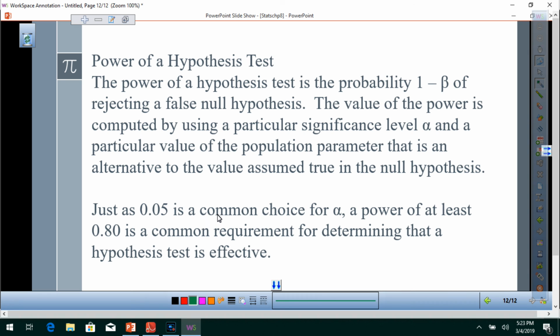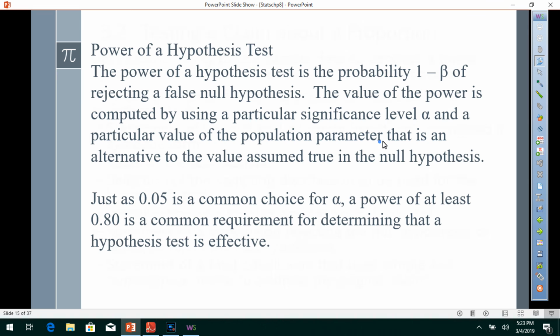Just as 0.05 is a common choice for alpha, a power of at least 0.80 is a common requirement for determining that a hypothesis test is effective. Now, determining the value of beta is beyond the scope of this course. We'll mostly be choosing alphas.